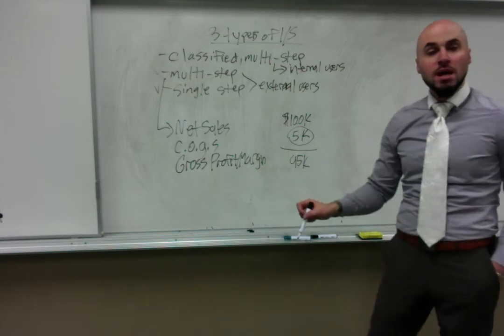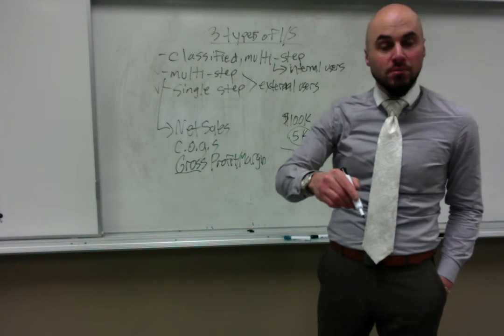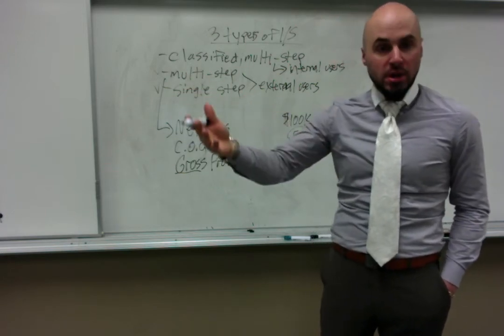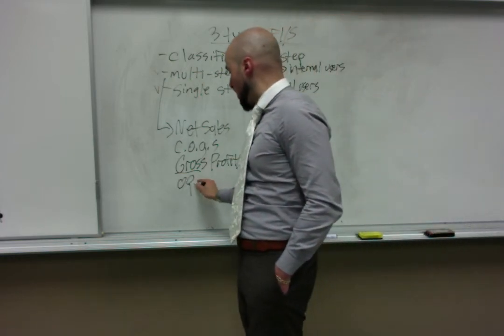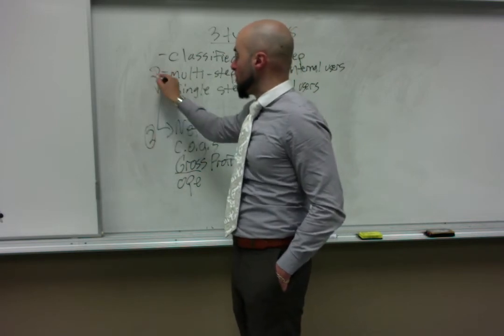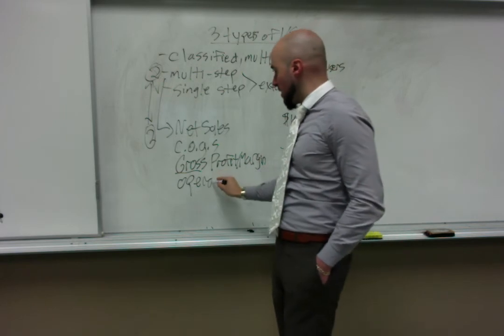Gross profit margin, gross, meaning we still have to deduct something to get a net. And what are we deducting? Operating expenses. So our regular expenses. So operating expenses, again, this is the multi-step. Number 2. Okay. This is the multi-step operating expenses.